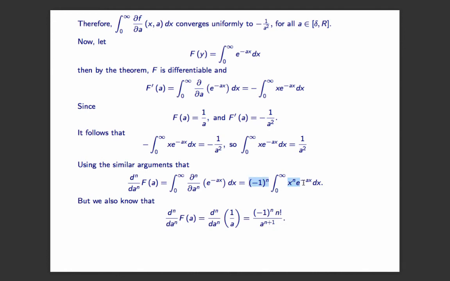So in fact, this term here equals this fraction here. Now, both have a -1 to the n, so I can get rid of that to obtain that the integral that we wanted to compute is equal to n factorial divided by a to the n plus 1. So we've accomplished the task set out to us by the example.